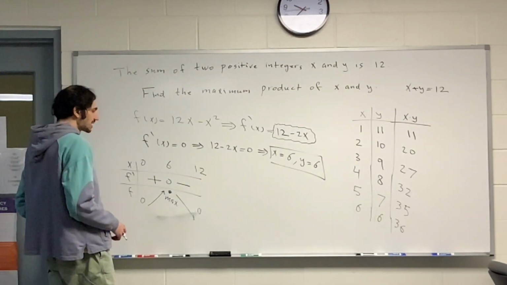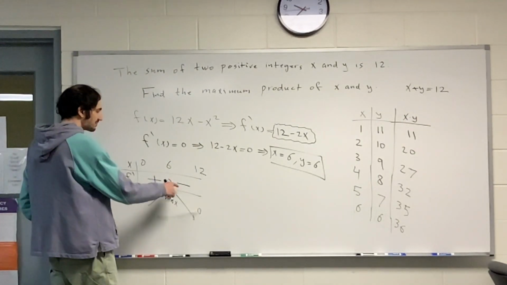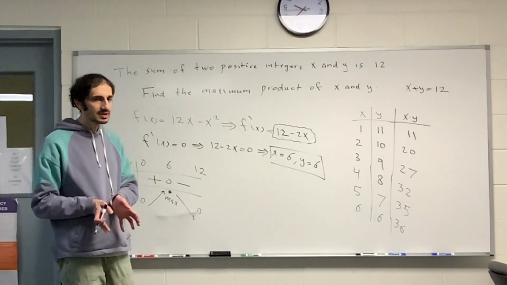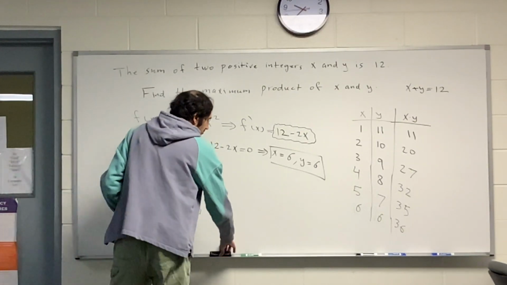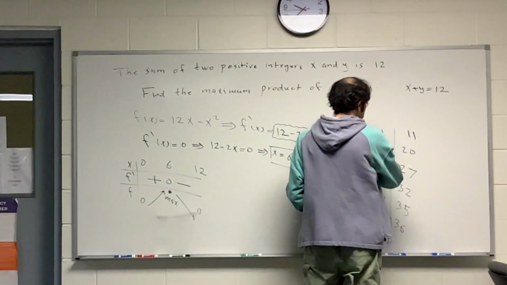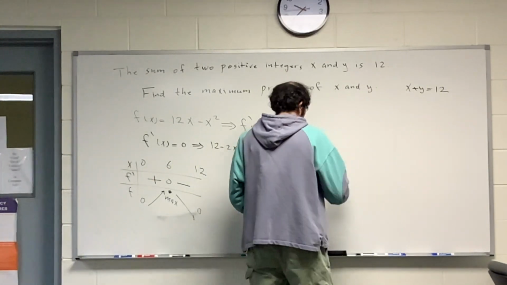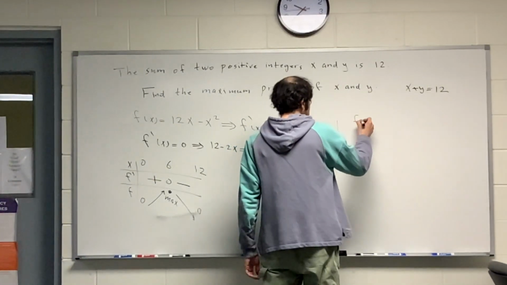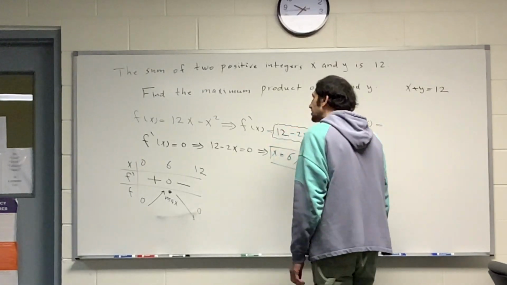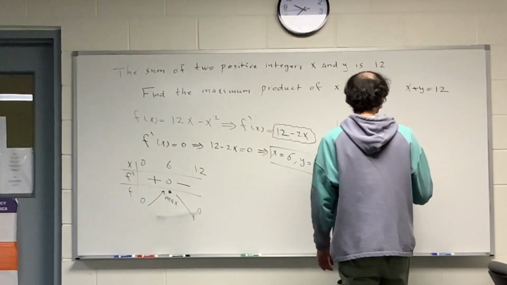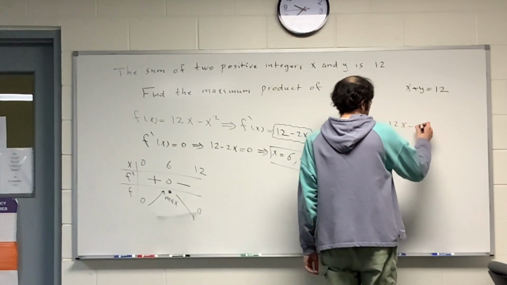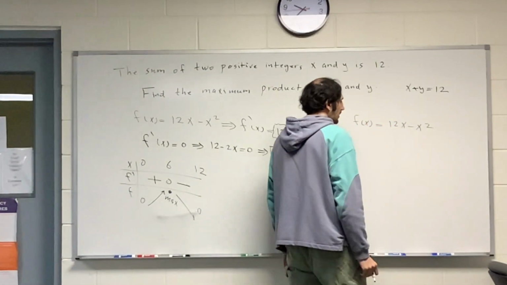Now, back to your question. My function f looks like a parabola, and this parabola is concave down. So if I want to draw this parabola here, and no need for this table anymore, I have to draw the following function: f of x equals 12x minus x squared.